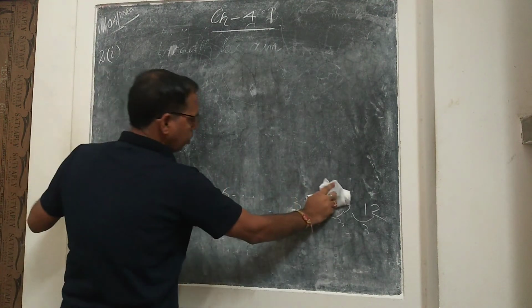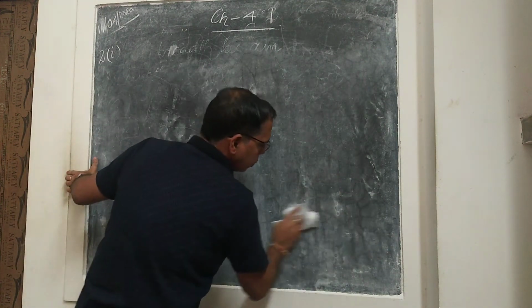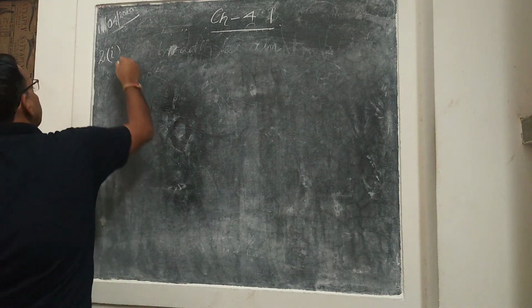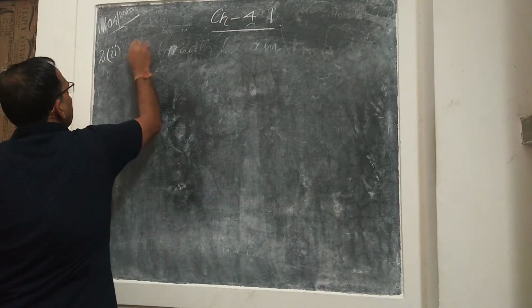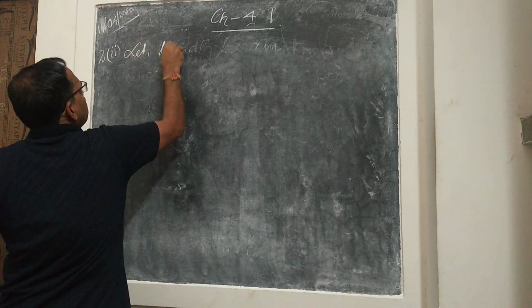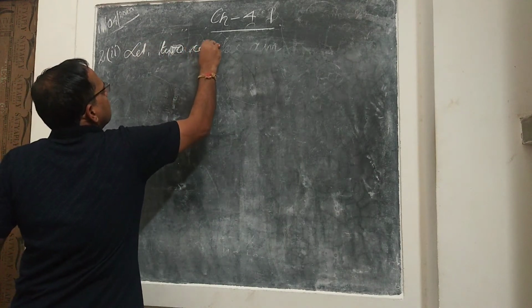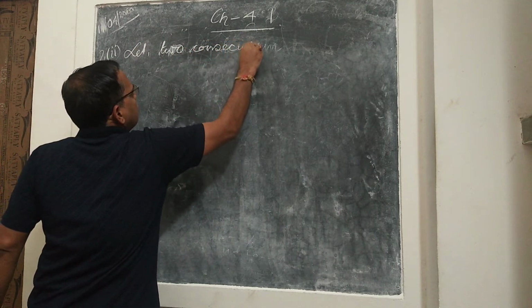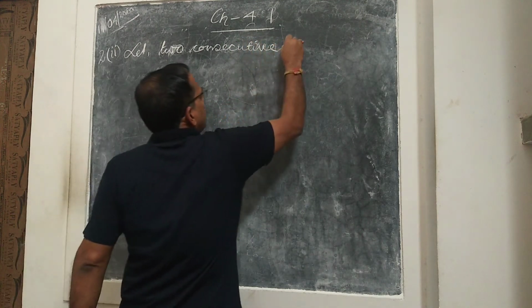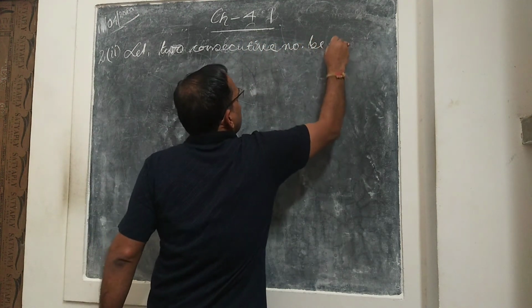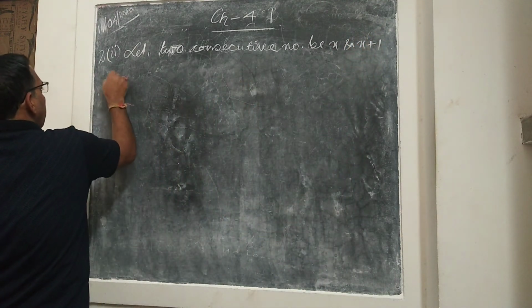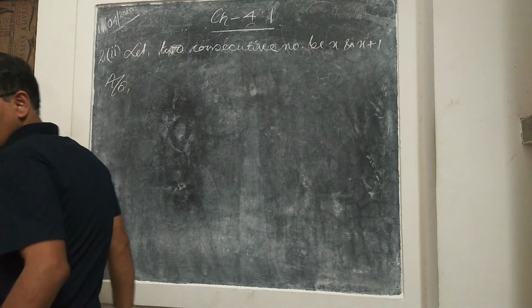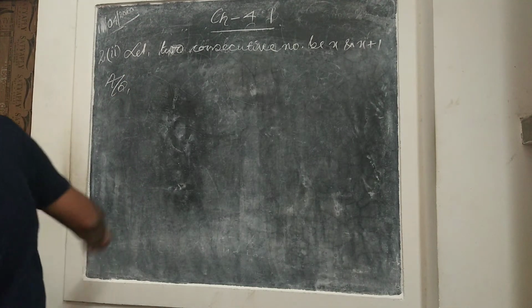Now here you consider question number 2, Roman 2. Consider, let, how many are given? 2 consecutive numbers. So let the 2 consecutive numbers be x and x plus 1, according to the question. The product is given as 306.